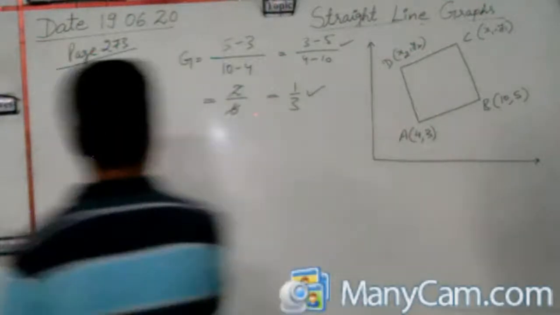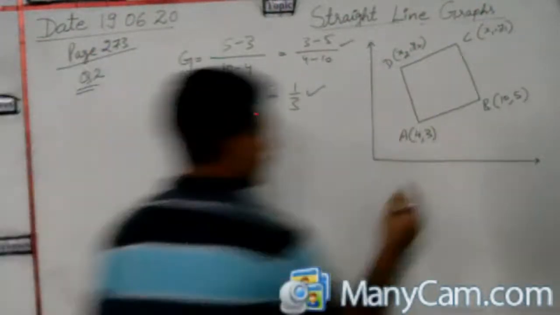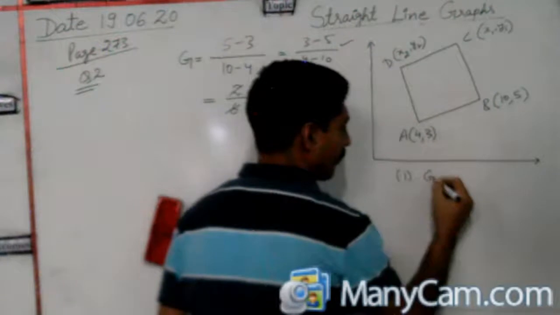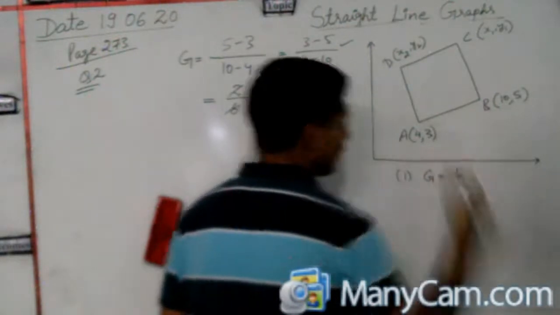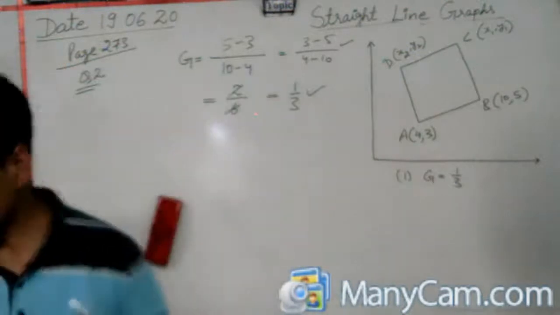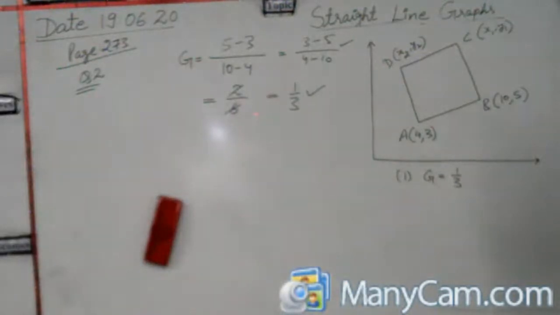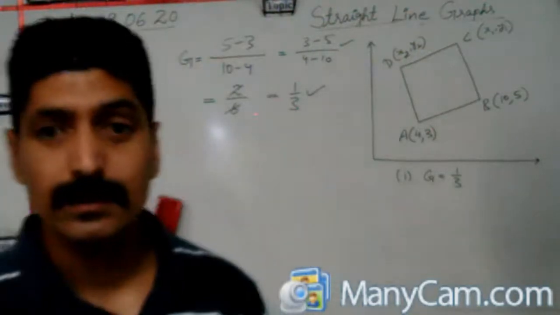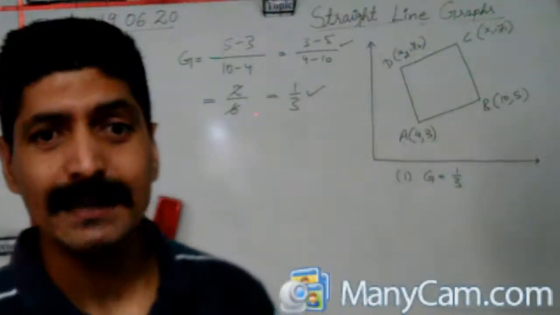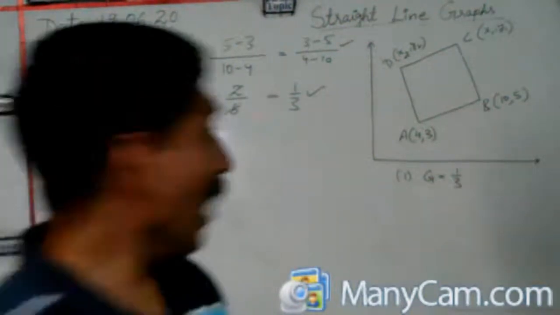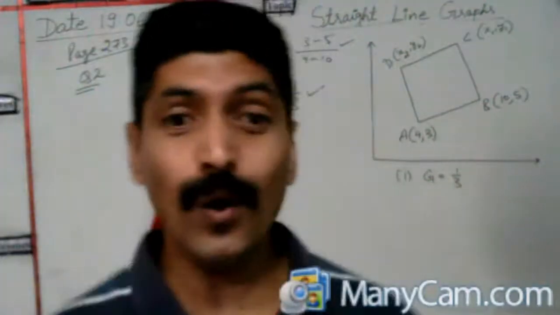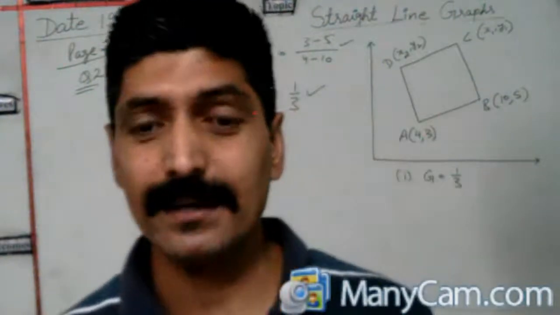So the first part, the gradient is 1 by 3. Second, we have the equation of line passing through A and B. Now we know we have the gradient.